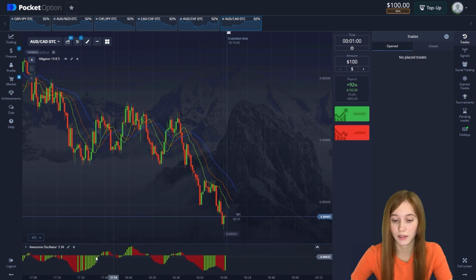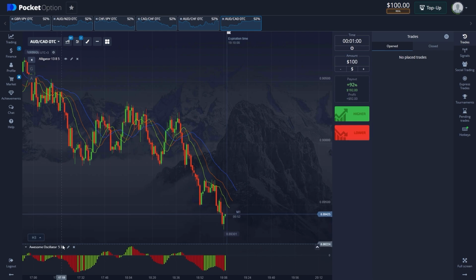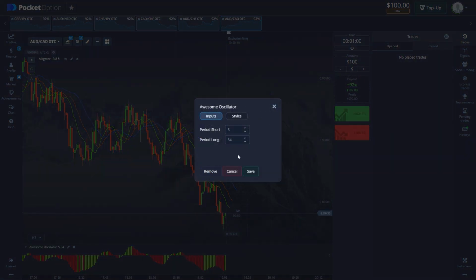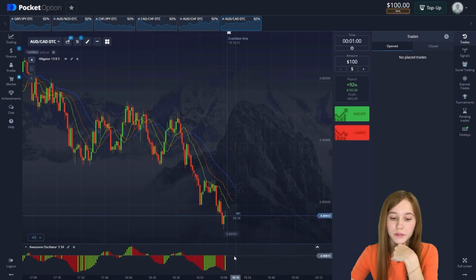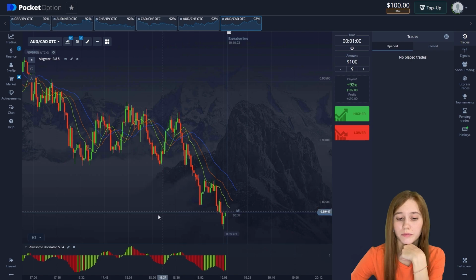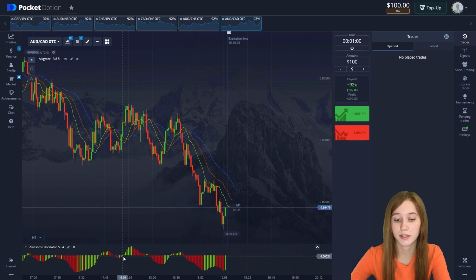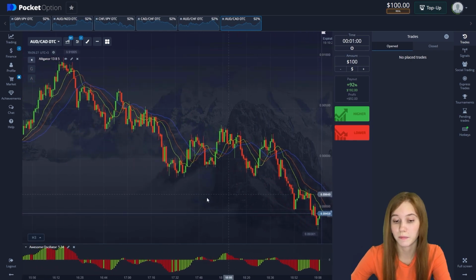And the second, an oscillator, you'll see some reversals like here, short-term reversals, but it's often used for this as well.